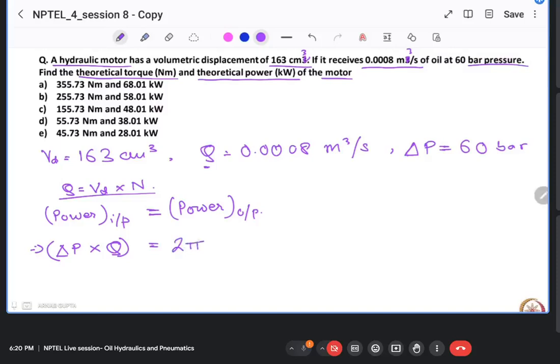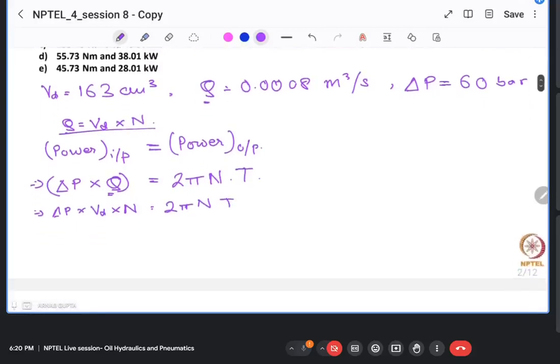So you can write it as 2 pi N into T. From here, instead of Q, you know that Q is equal to VD into N. So delta P multiplied by VD multiplied by N is equal to 2 pi N multiplied by T. N will get cancelled and you will be left with T, which is equal to delta P into VD by 2 pi.